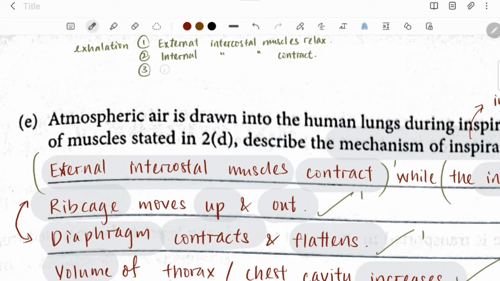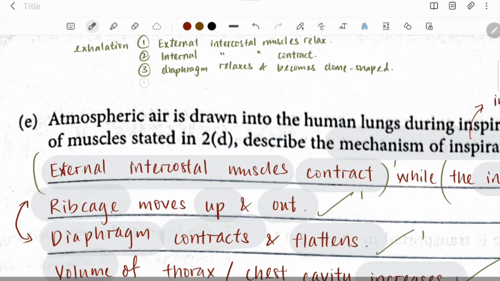Diaphragm, what happened to diaphragm? Relaxes and becomes dome shape. And then after that, rib cage moves down and in.